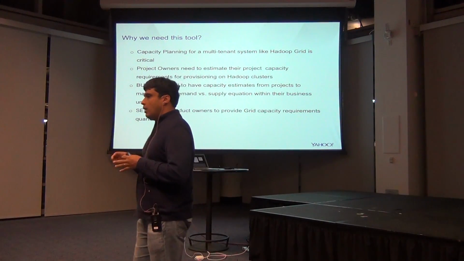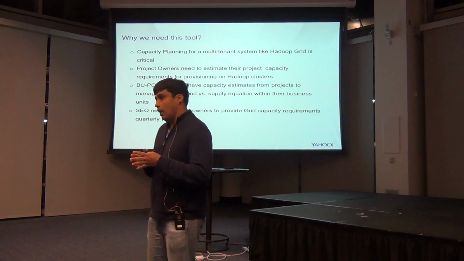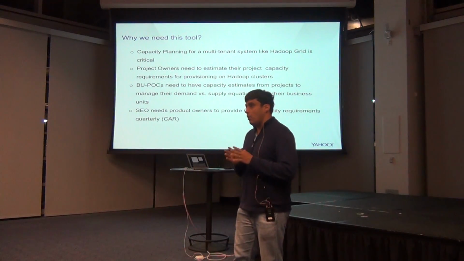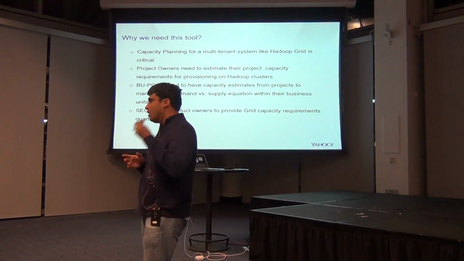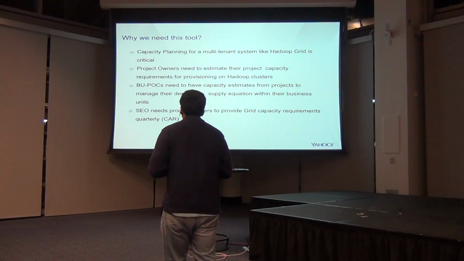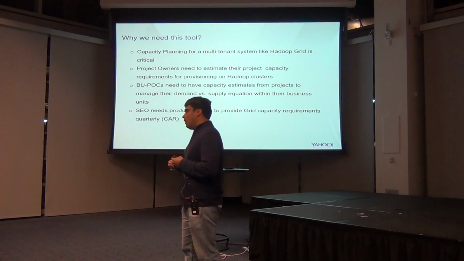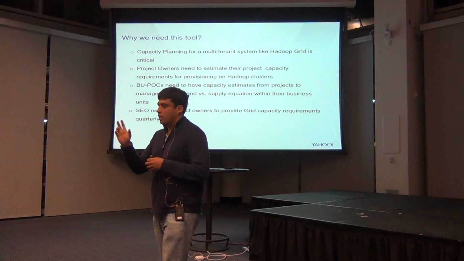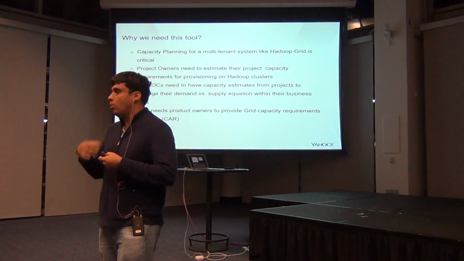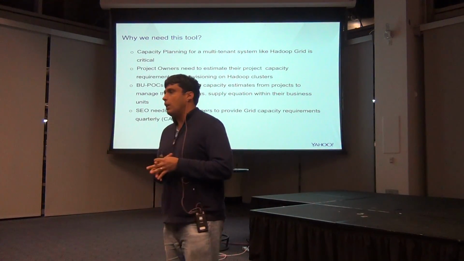Capacity planning in Yahoo, especially, is a very big challenge right now, considering the number of projects that we have onboarded in the last 4 years is extremely large. One more problem that we face is that project owners need to do a capacity estimation before actually doing something on the grid, right?